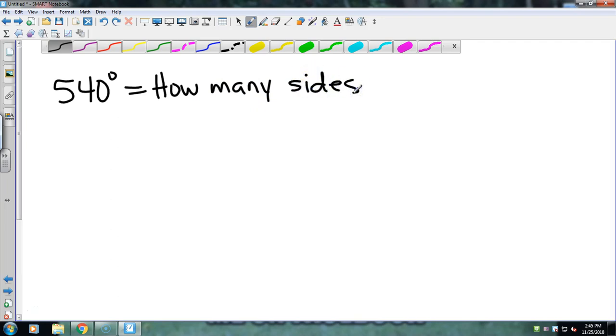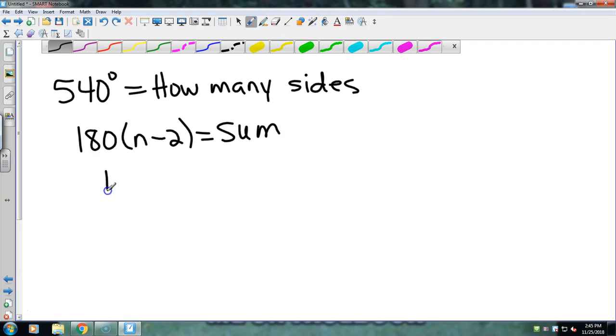How many sides are on this polygon? So remember that our formula was this. The sum equaled 180 times n minus 2.